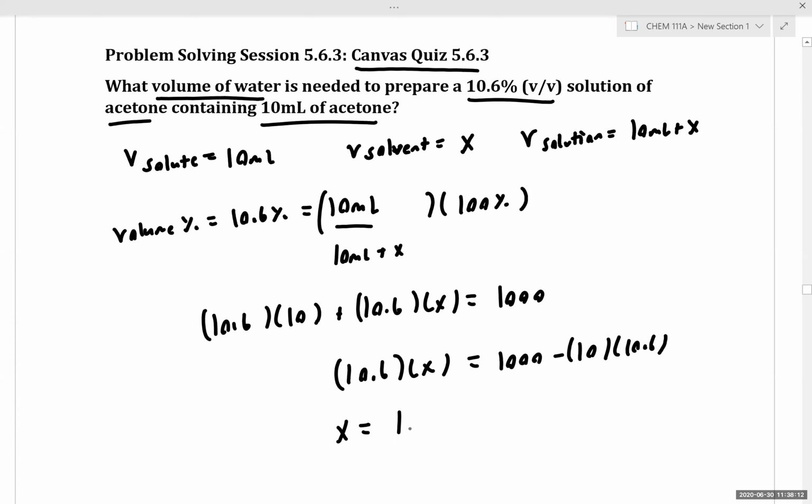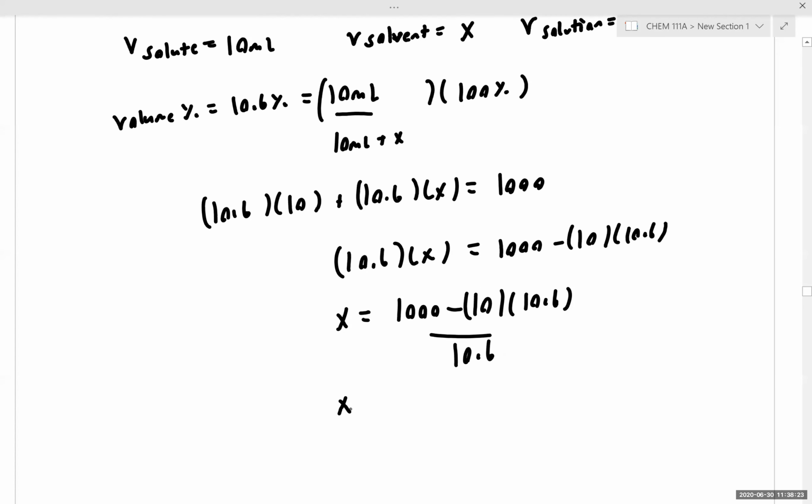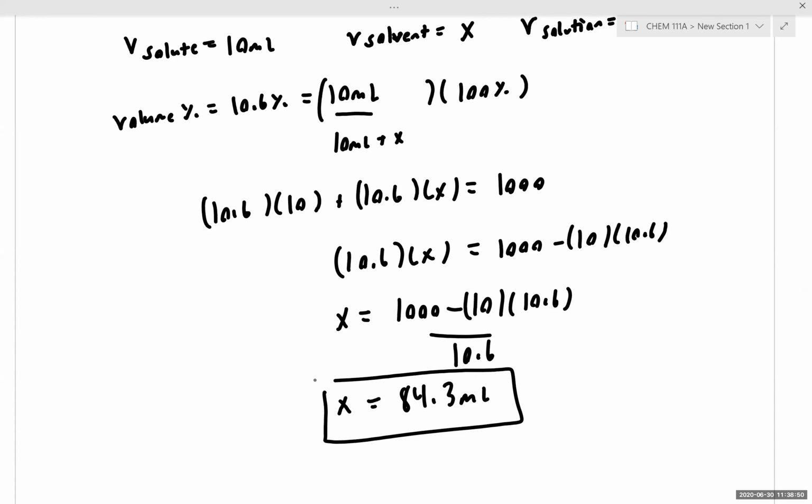And then X is equal to (1,000 minus 10 times 10.6) over 10.6. And that in turn gives us, when we enter it into our calculator, a value of X of 84.3 milliliters. So we need 84.3 milliliters of water to prepare this acetone solution.